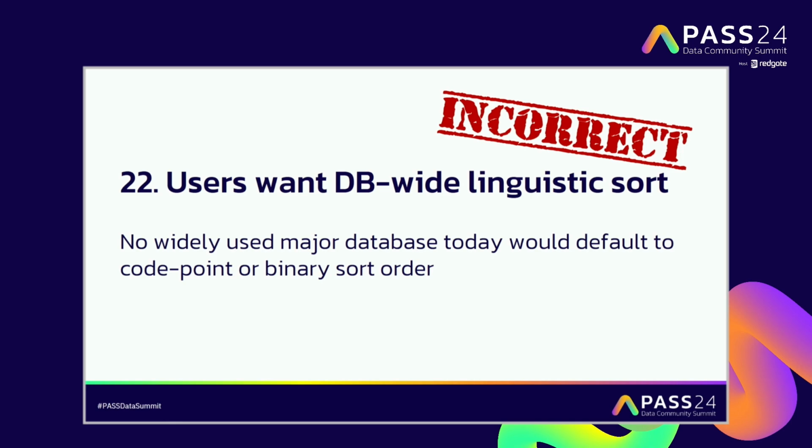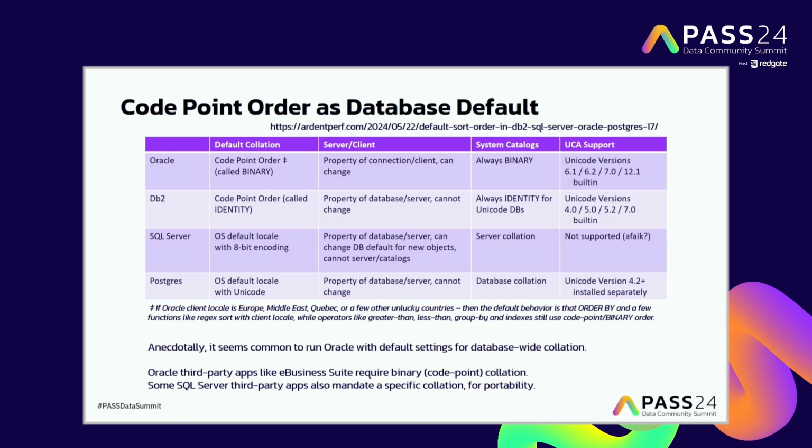I wanted to dig into this a bit more, so I decided to spend a little bit of time surveying all of the major relational databases and trying to get some background. The first thing that I discovered in doing that was that every single major relational database has weird quirks around collation and encoding. It is bizarre and hilarious.